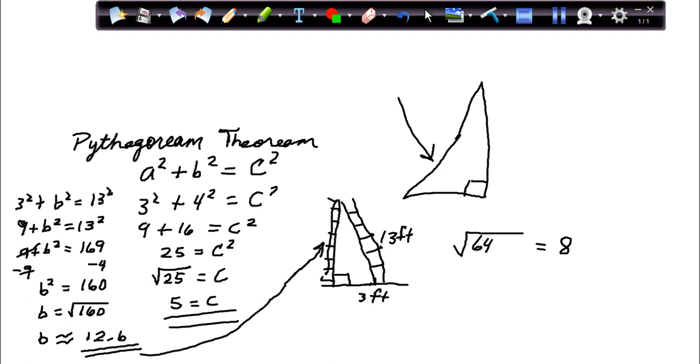A right triangle whose angles are 30, 60, and 90 degrees displays the following relationship: leg, leg, hypotenuse equals x, x square root of 3, 2x. So you can see each one of these triangles they're expressing does equal 180 degrees, but in different ways because of the angles, right?